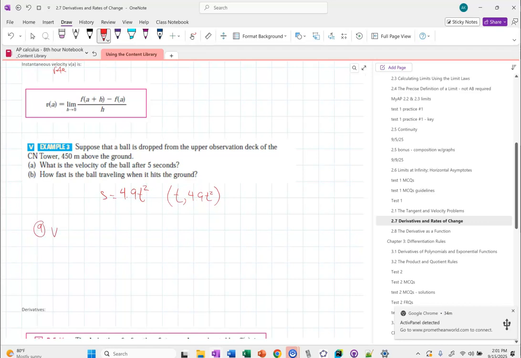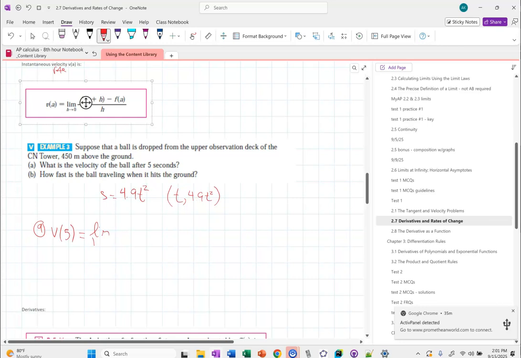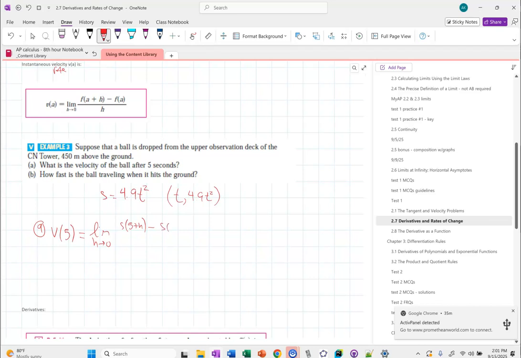So in part A, we're asked for v of 5. So that's going to be using this formula up here, the limit as h approaches 0 of s of 5 plus h minus s of 5 over h. Does everybody feel okay here?